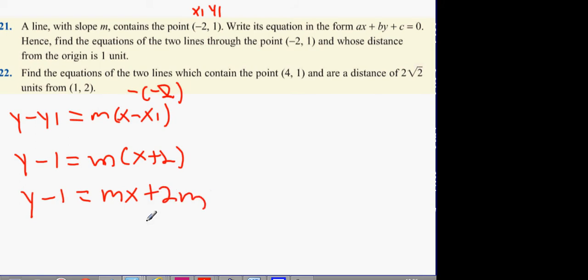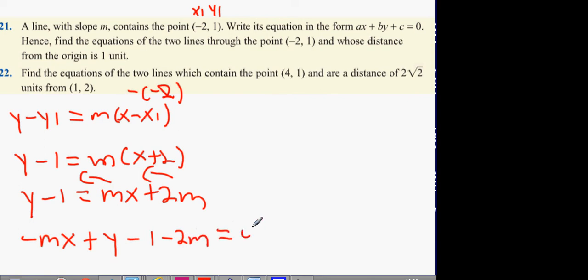We can bring the mx and the 2m to the left. There's two different answers here, so I'm going to explain what the two different answers are. The first answer would be this: minus mx plus y minus 1 minus 2m. Now guys, you can have a minus version of this and a plus version of this.